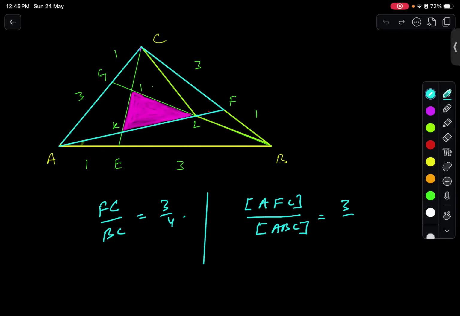Now see, ABF triangle. I just have to mark this. This is the ABF triangle. And one transversal, I'm taking this as EKC.